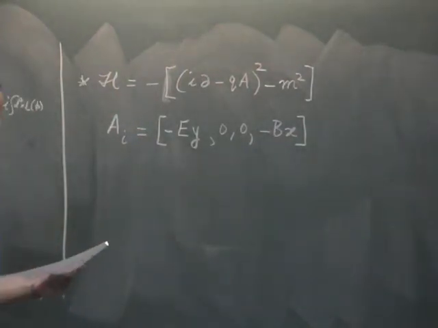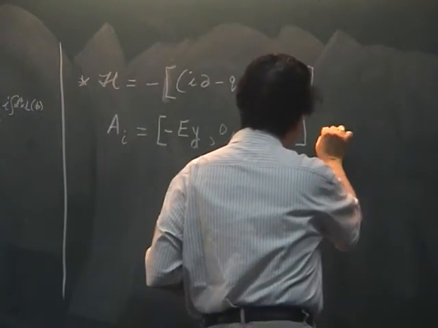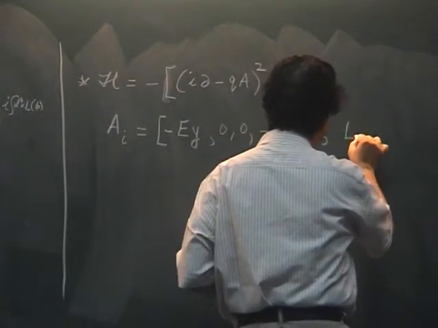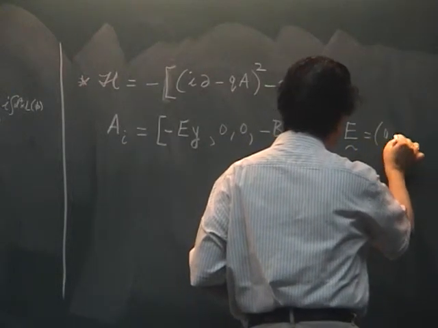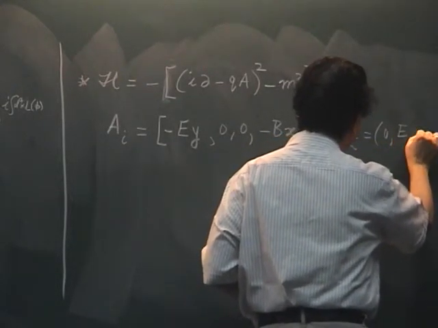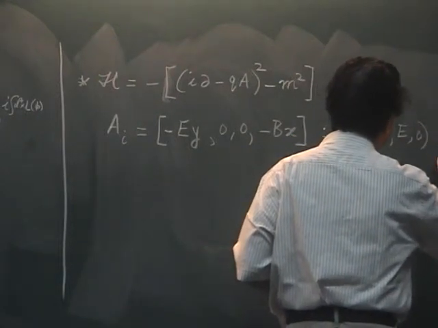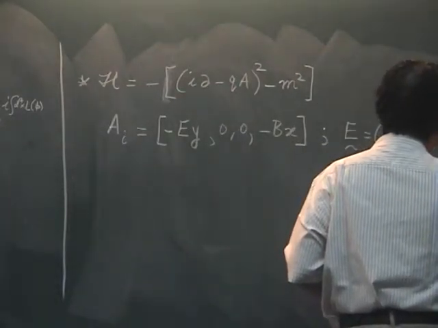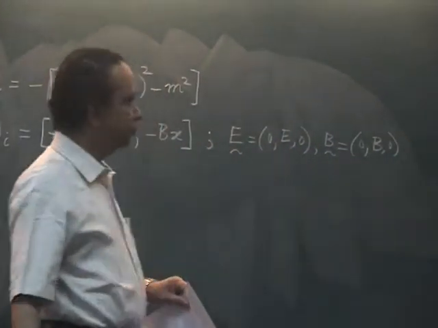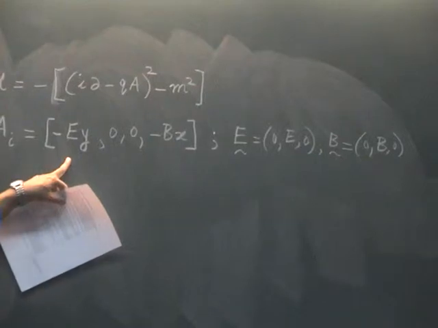If you do it like this, you can easily show yourself that both E and B are in the y direction. That is, E will be (0, E, 0) and B will be (0, B, 0). Notice that the first component is the scalar potential.